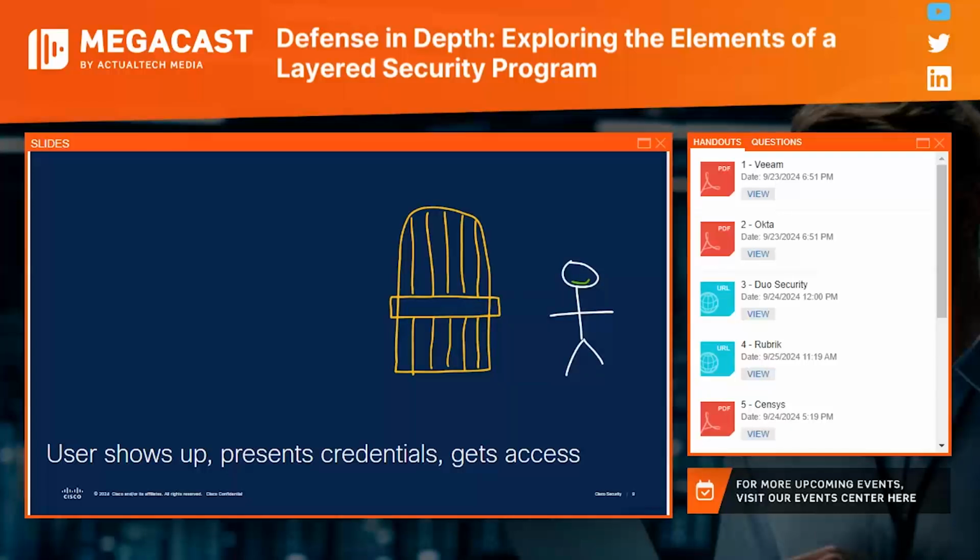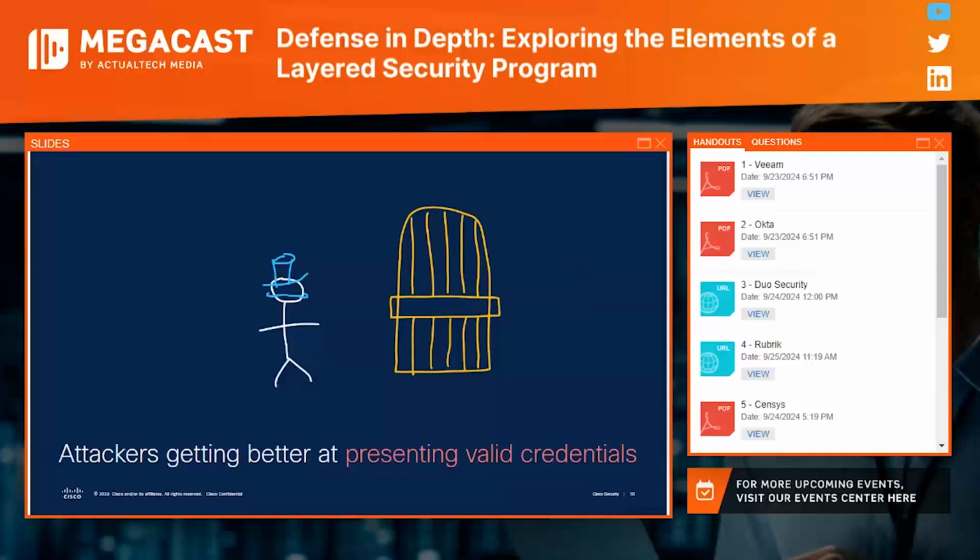The hard part about stopping this type of attack is that it's really easy on the internet for an attacker to present valid credentials. They can show up at the same door, present a username and password, and get let right in.